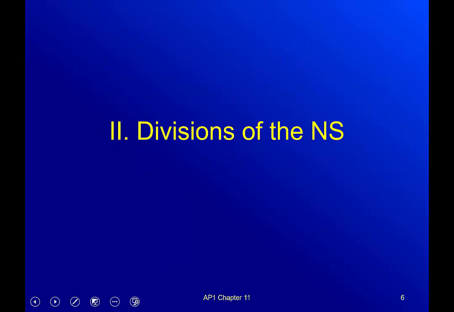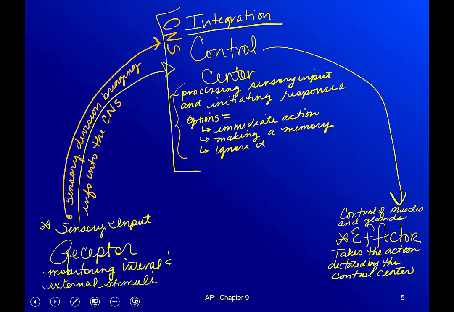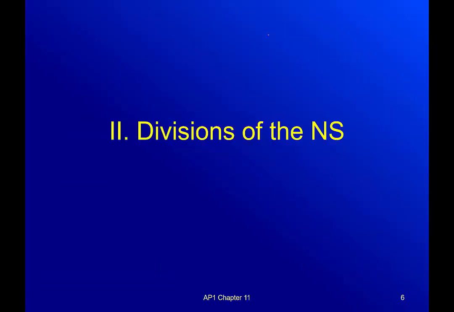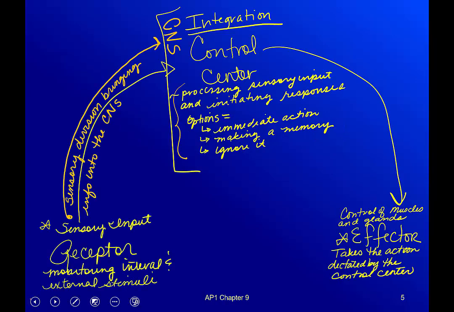So again, if we go back over here, here's my central nervous system and this is going out into the body.